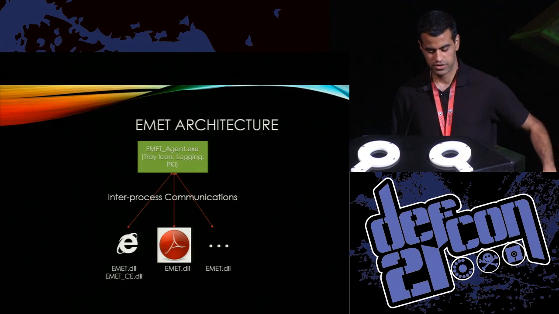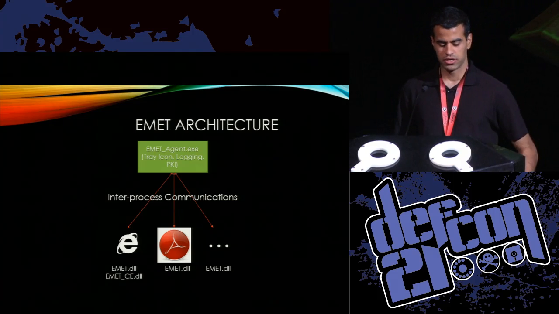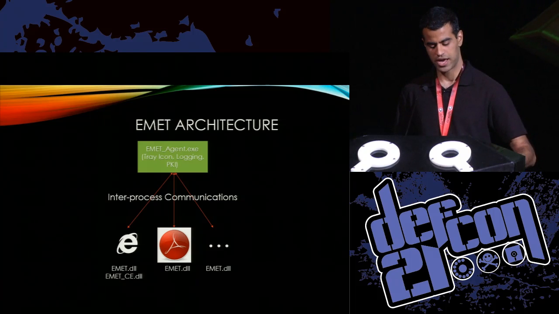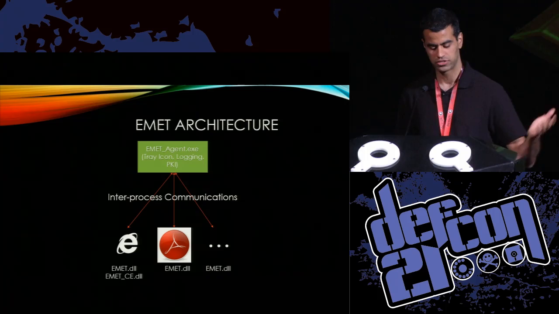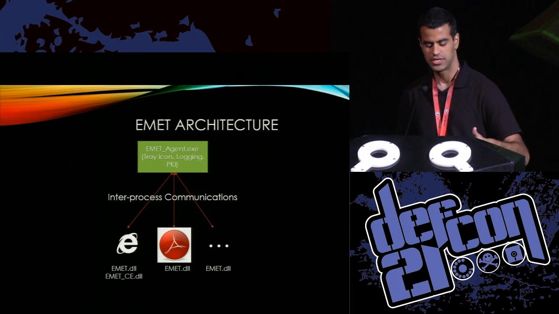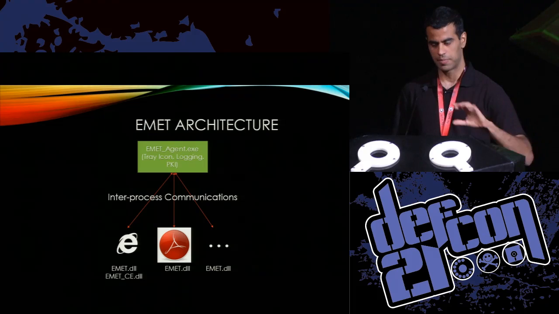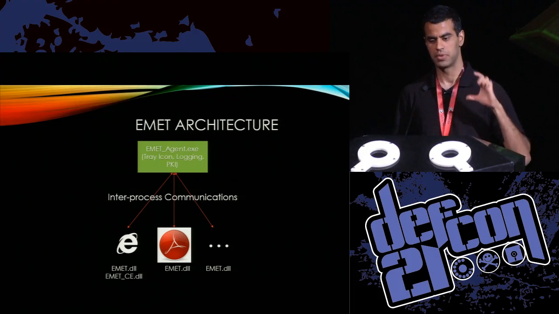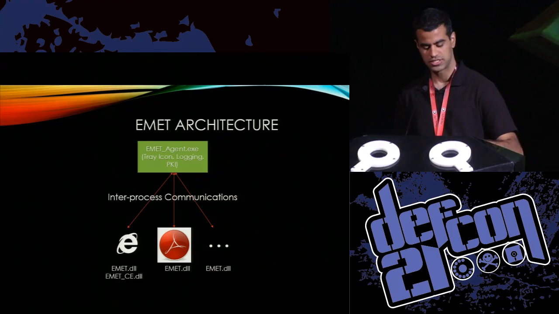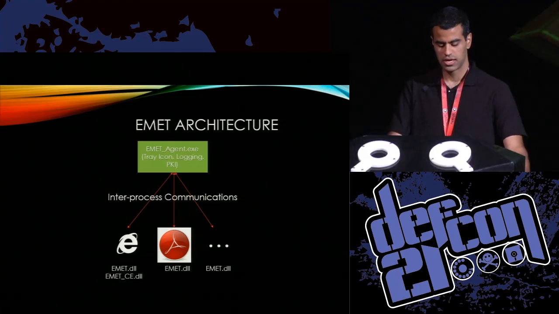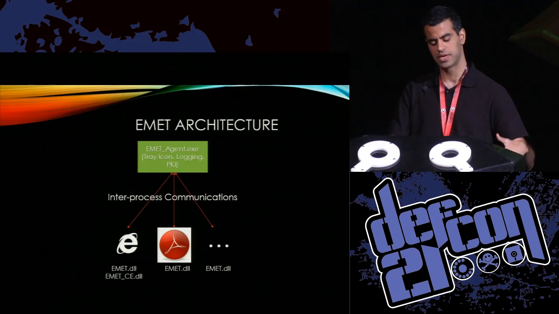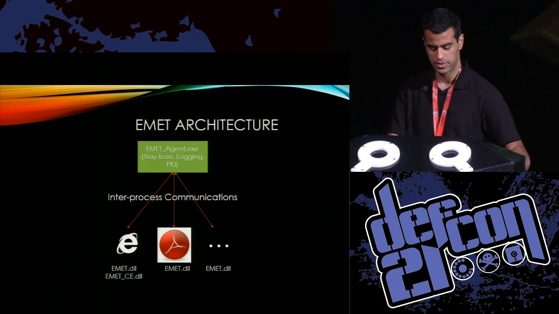This is the architecture of EMET. We have the protected processes, like you can see on the bottom, the IE process and Acrobat and whatever else you want to protect. And you see emet.dll loaded into there. emet.dll implements the memory corruption mitigations. And as you can see on IE, you see emetce.dll on the bottom also. That's where we have the PKI mitigation, or a part of the PKI mitigation, and I'll go into more detail about that later.